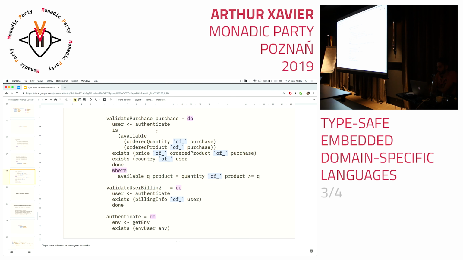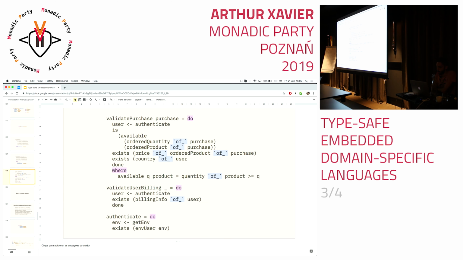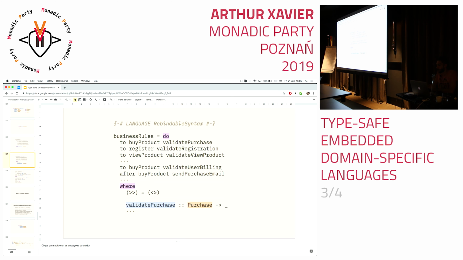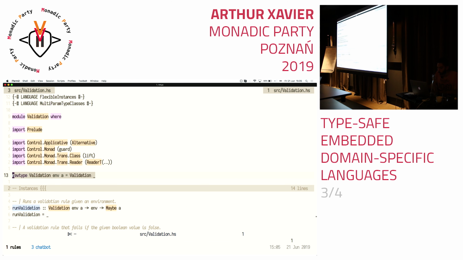So we basically have two different languages here, two syntaxes and two semantics. We have a way of embedding a validation rule inside a business rule, and that can be considered an interpreter. And we have a way of interpreting business rules into effects, because that's our fifth constraint here, right? Into maybe an effect.